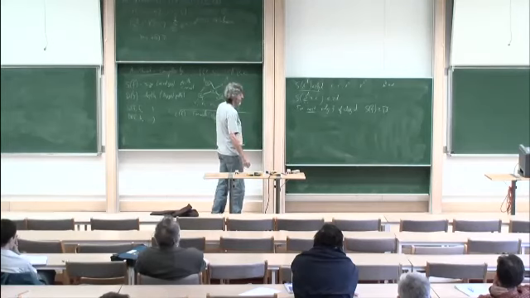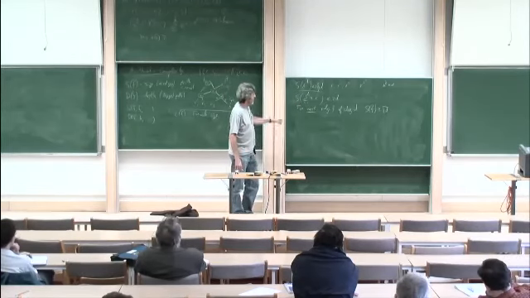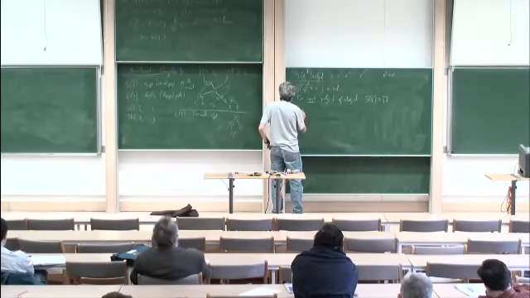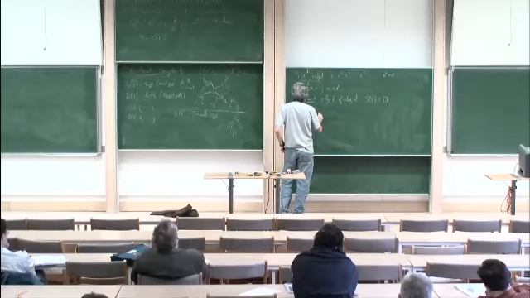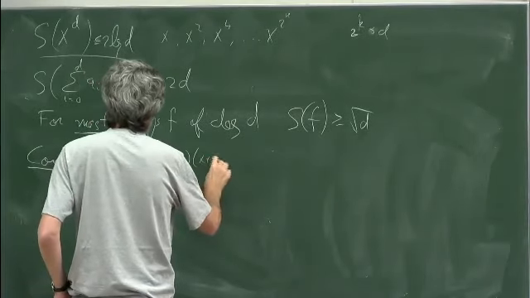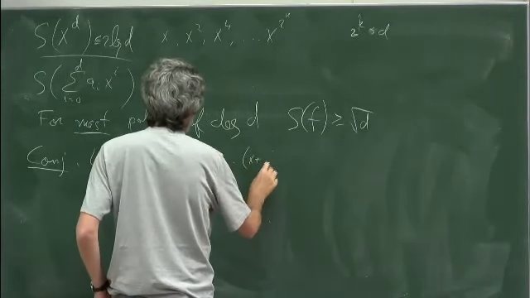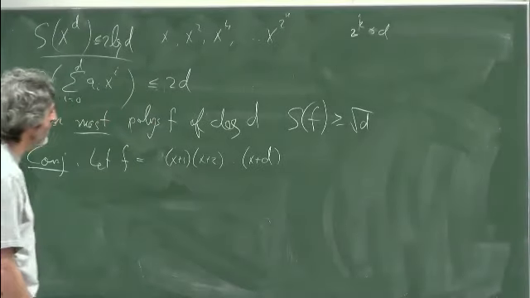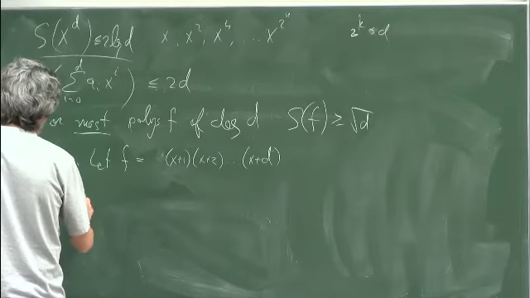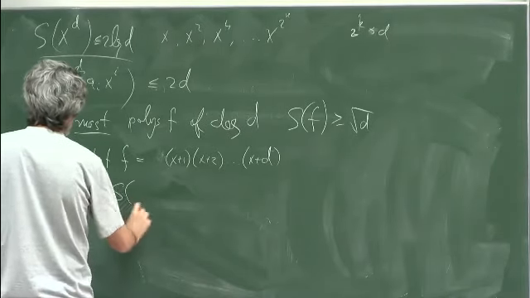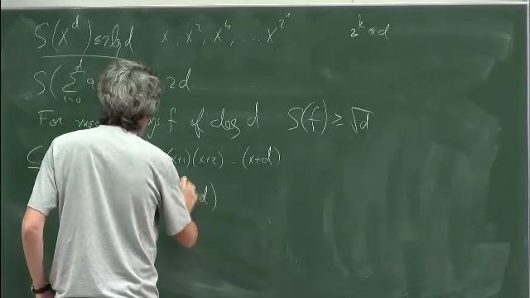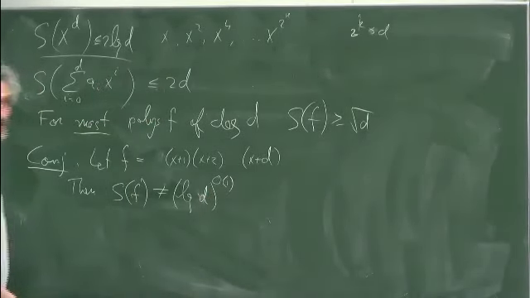So here is a conjecture. The conjecture says that the following polynomial is not easy. So let's say that this is a polynomial. Then its complexity is not logarithmic or polylogarithmic.